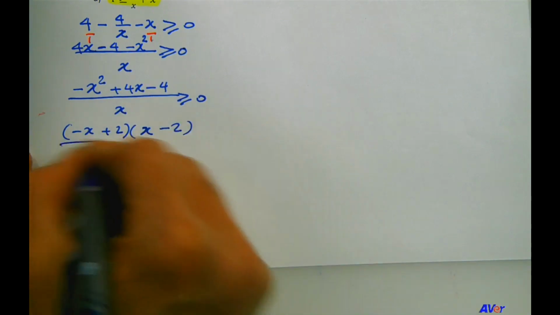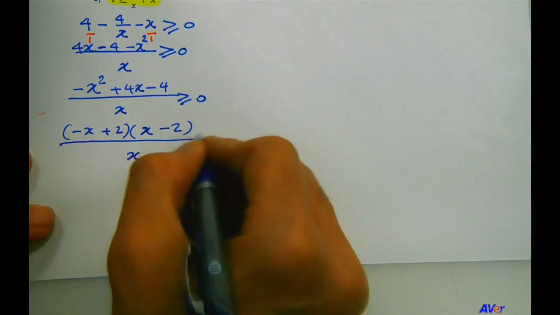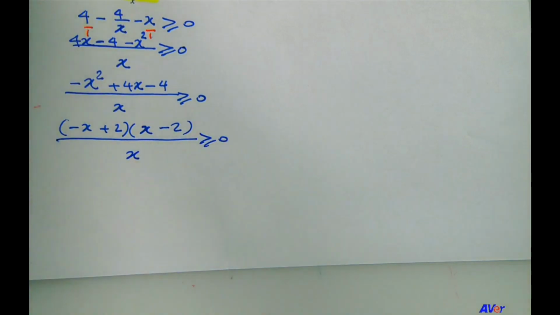So we got it. So that divided by x greater than or equal to 0. Okay. So now we have the numerator in factored form. The denominator is obvious what makes it equal to 0, which is something we want to exclude from the final solution. So let's write these down.